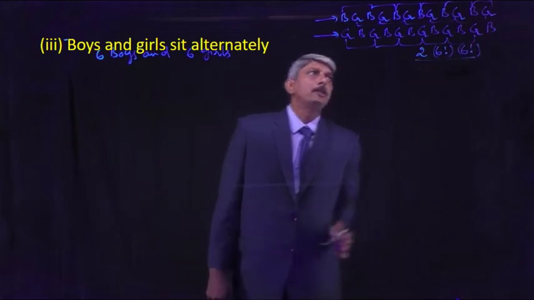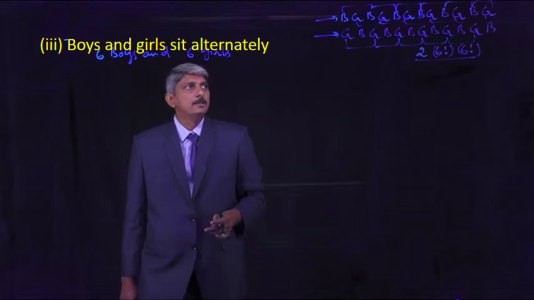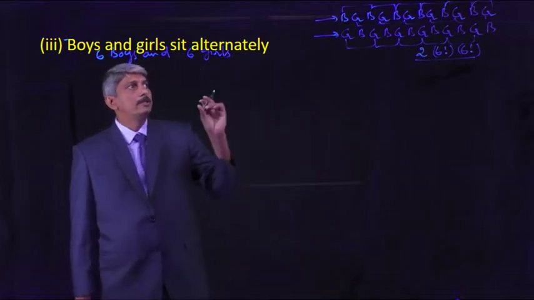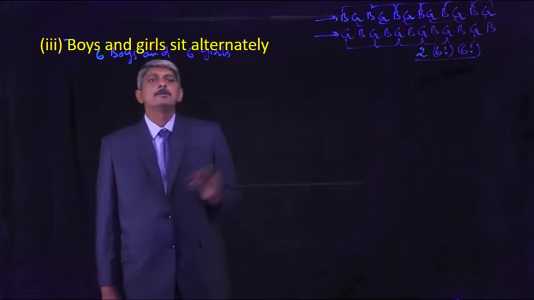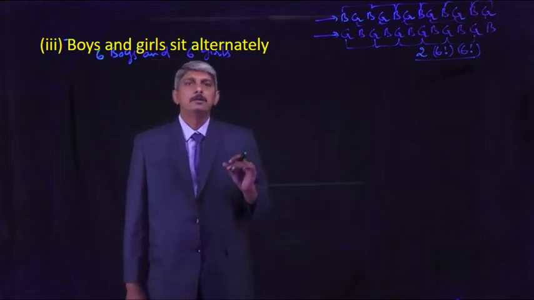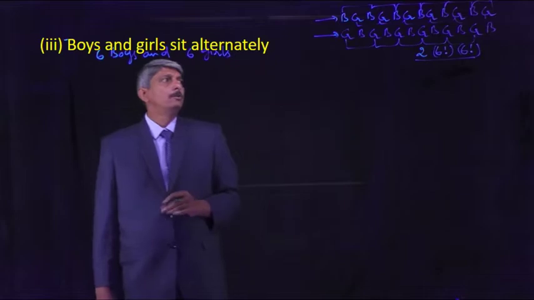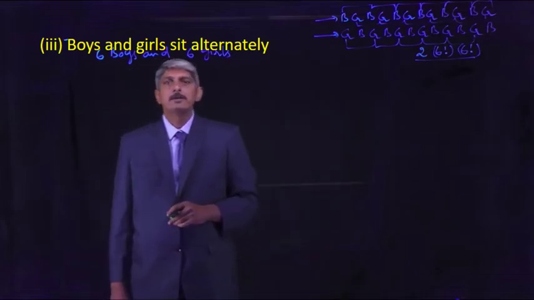In case of the linear arrangement, the number of ways of arranging 6 boys and 6 girls so that boys and girls sit alternatively is 2 into 6 factorial, 6 factorial.